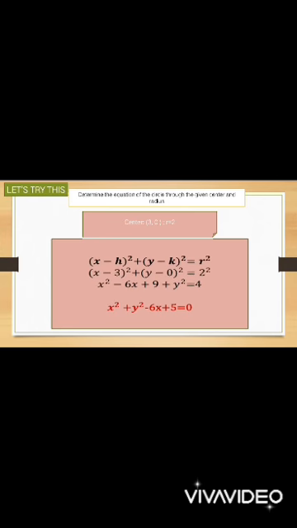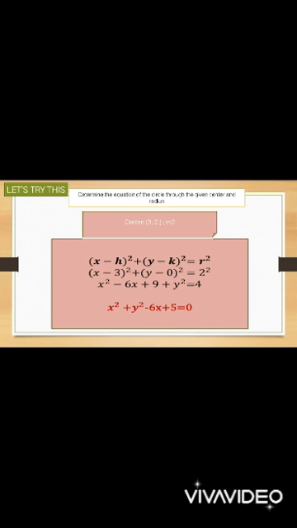So we will use the formula: the quantity of x minus h squared plus the quantity of y minus k squared equals r squared. So h is replaced by 3, k is replaced by 0, and r is 2. So the quantity of x minus 3 squared plus the quantity of y minus 0 squared equals 2 squared.